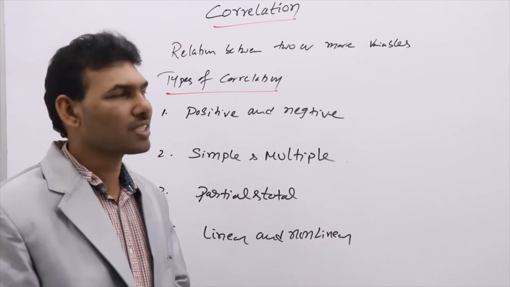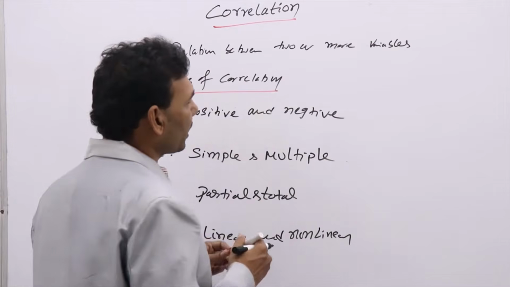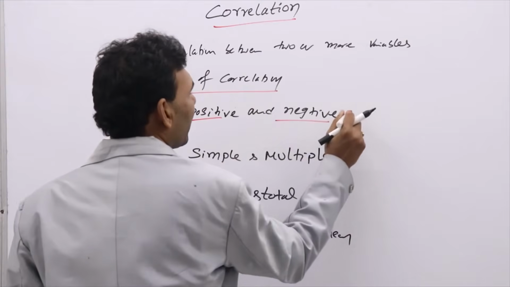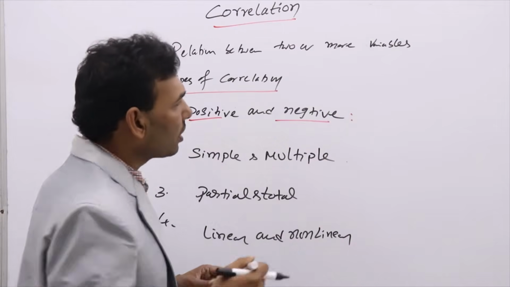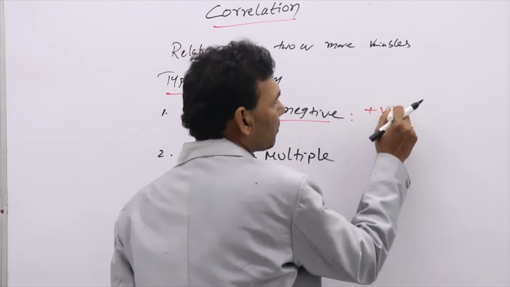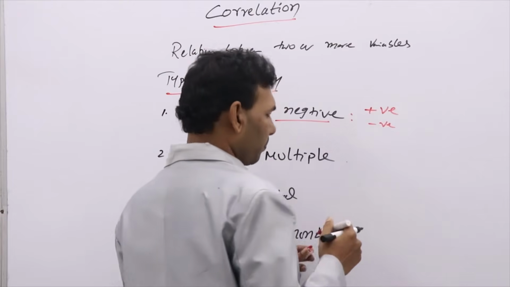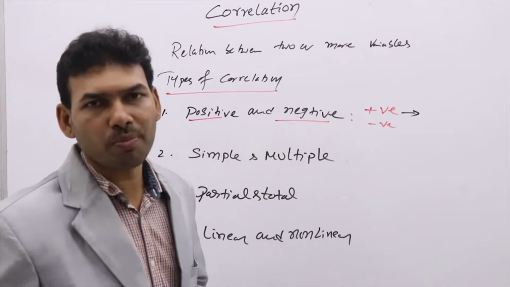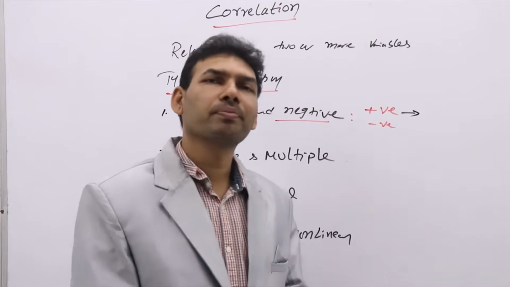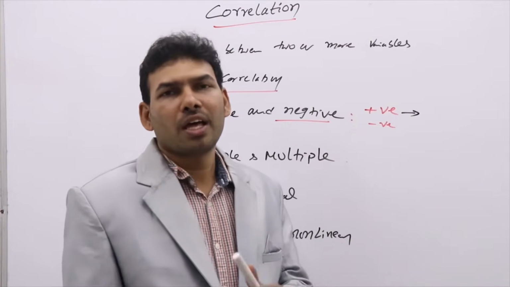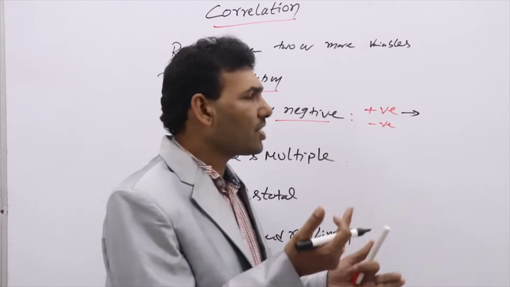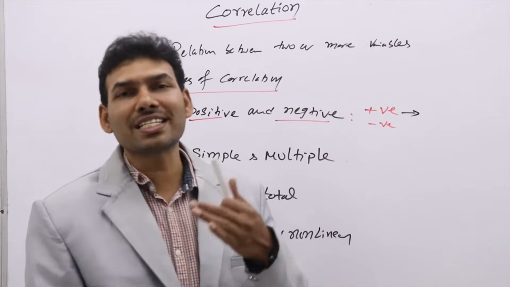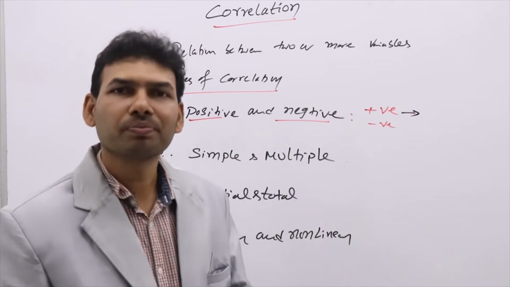How they analyze. Coming to positive and negative correlation. Positive correlation: we say that two variables are positively correlated if the change of one variable changes another in the same direction.